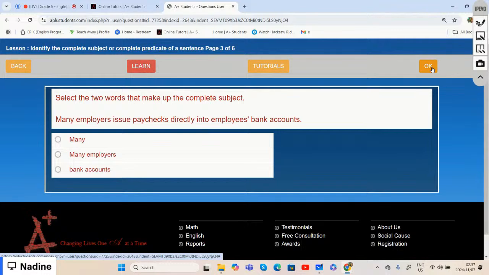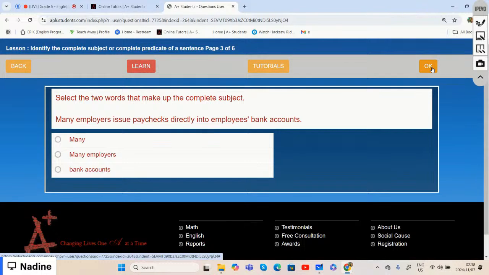It says many employers issue paychecks directly into employees' bank accounts. So now we need to select two words that make up the complete subject.